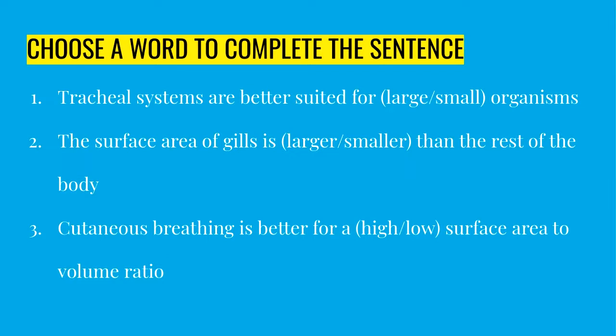Let's say you had 1 centimeter squared of gill area, and 100 centimeters squared of body area. If you want to get a lot of oxygen in, which one would you pick? You would go for the 100 centimeters squared. You would breathe through your skin, you want to maximize the surface area.